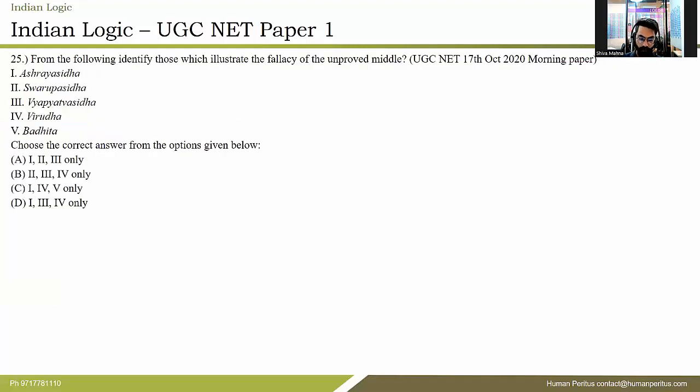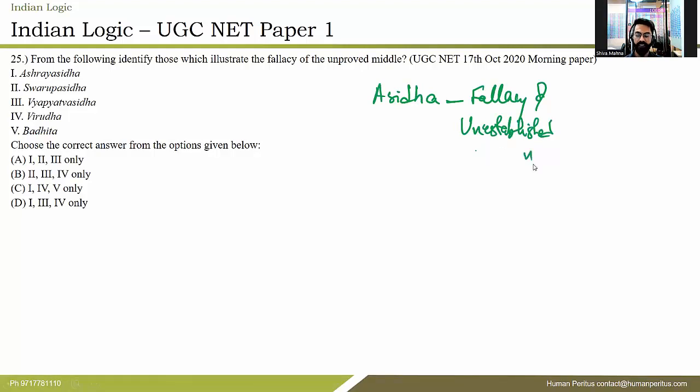Now we get to Ashraya Asiddha. What they are asking you is to identify the types of unproven middle. There is one fallacy which talks about unproven middle. That is Asiddha. It is also called the fallacy of unestablished reason. Now, Asiddha is of three different types.